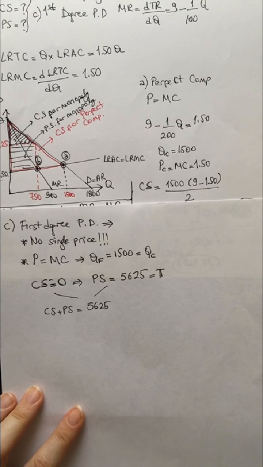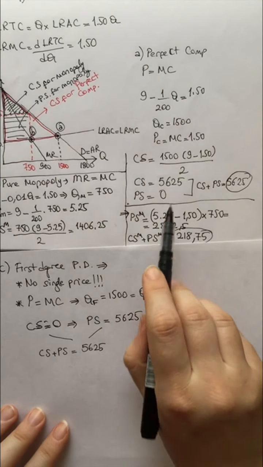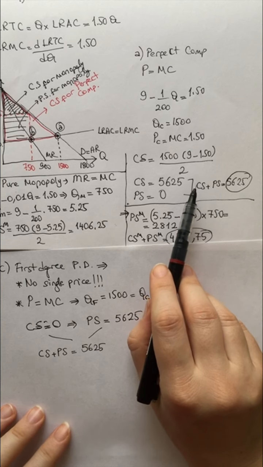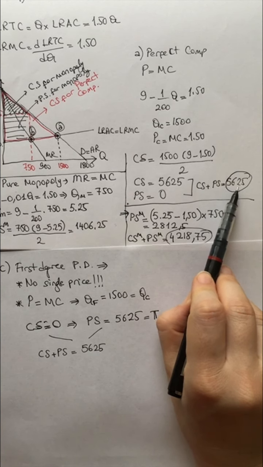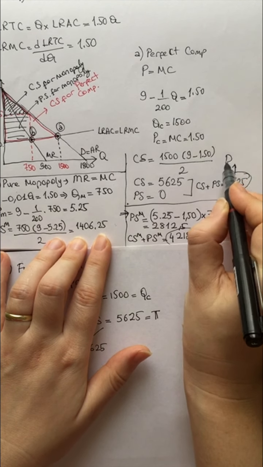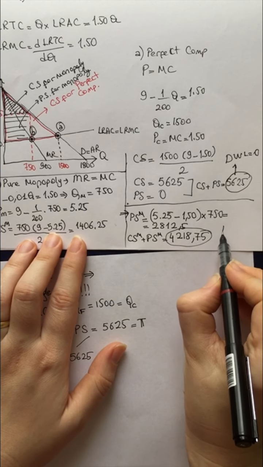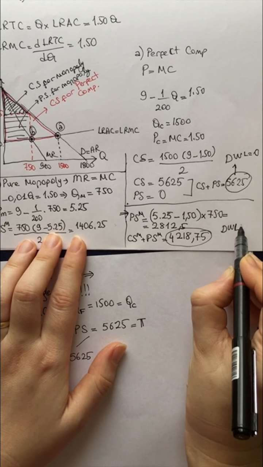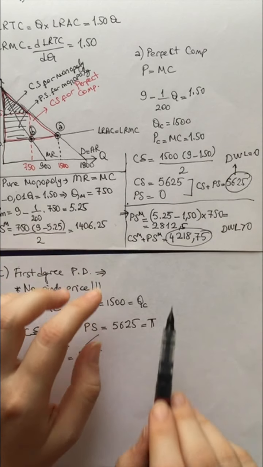So let's compare the three market types in that case. In perfect competition, which is the best for the consumers, the sum of consumer and producer surplus is this. Also, we can say that deadweight loss is 0. There is no deadweight loss. Here we have a positive deadweight loss, that area or the difference between these two numbers.